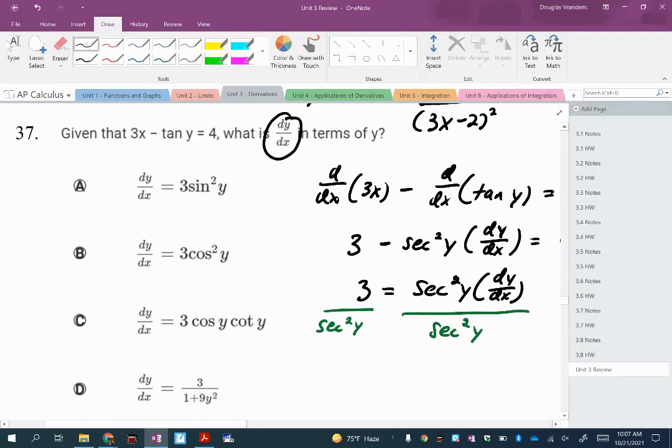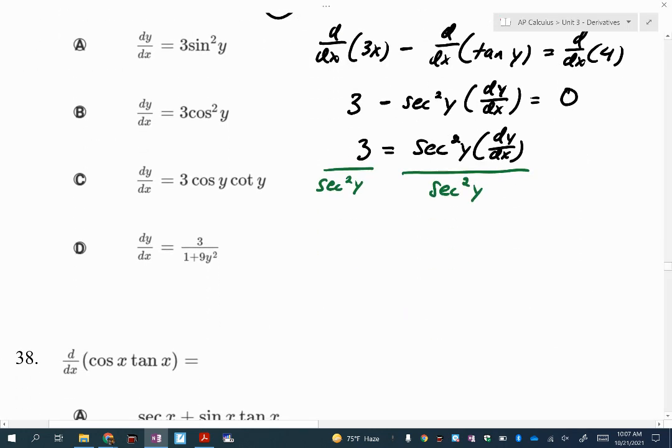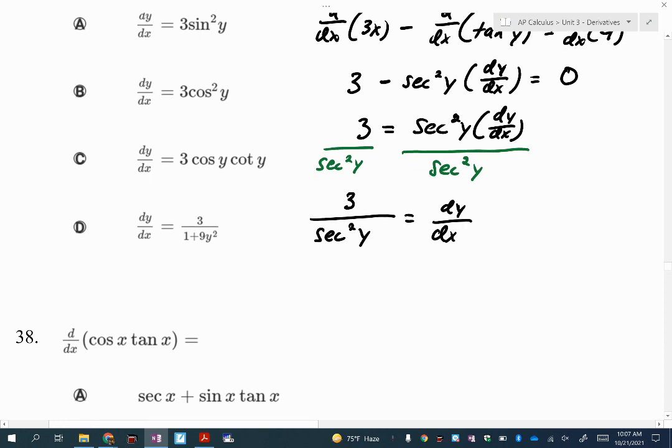Okay, so my answer, even though it won't be the answer on these multiple choice, we'll have to do a little bit more work, is 3 over secant squared y. The reason you don't see it is because of your understanding, hopefully, that secant and cosine are reciprocals.